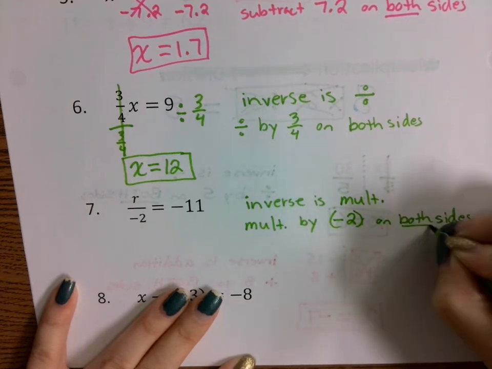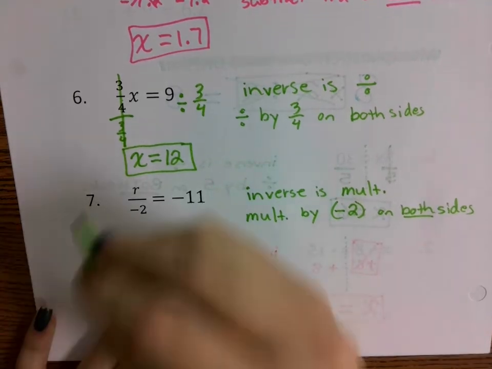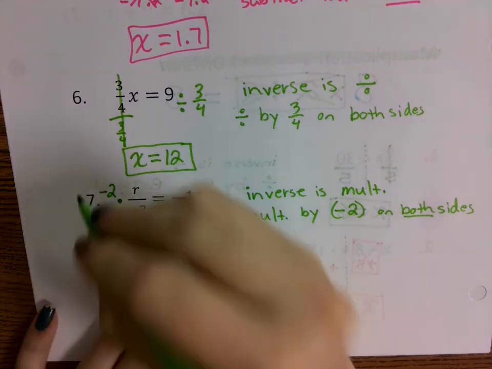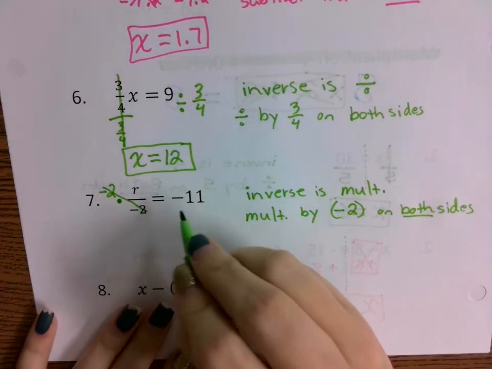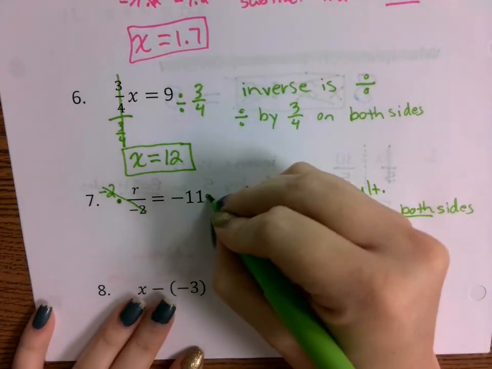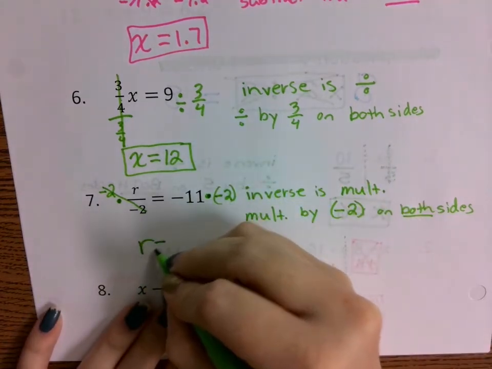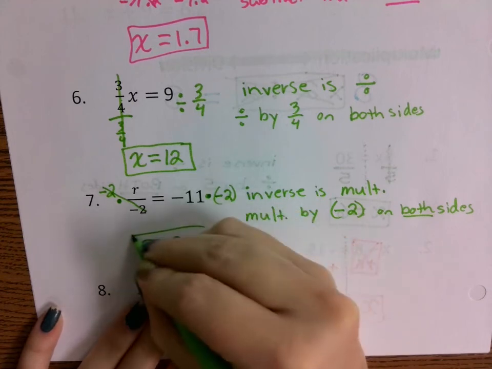You take r over -2 and multiply it by -2, and that cancels out. Then you take -11 and multiply it by -2, and that comes out to a positive 22. So r is equal to a positive 22 for this one.